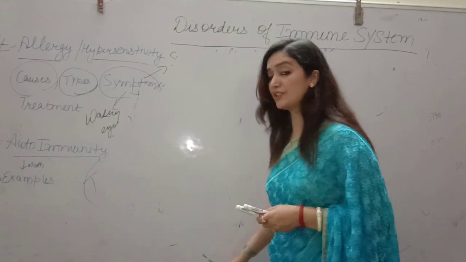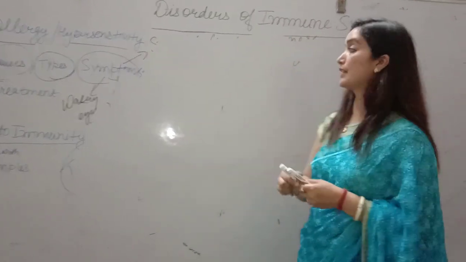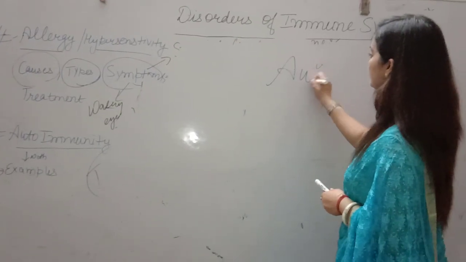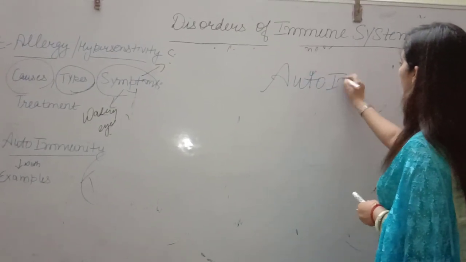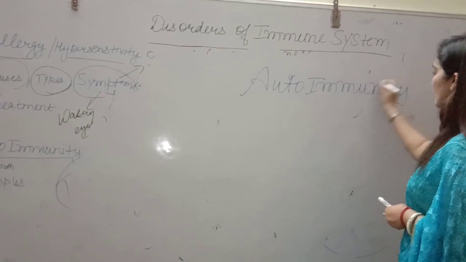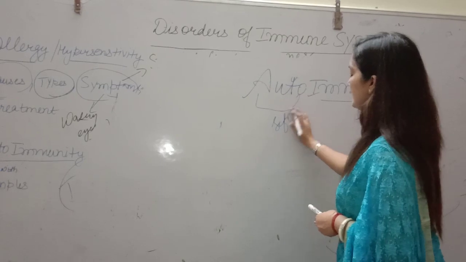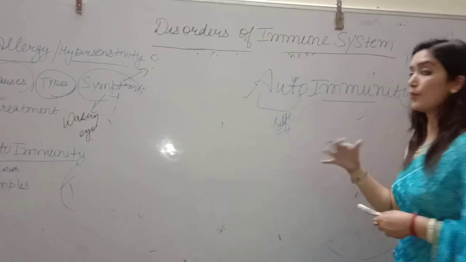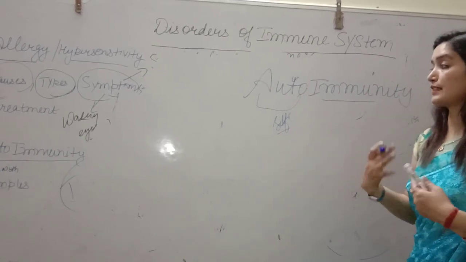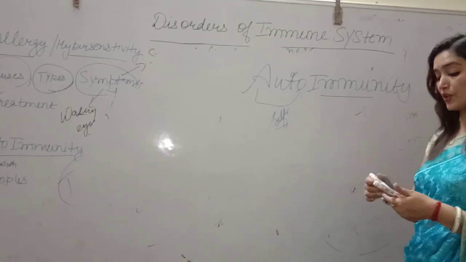In case of allergy, a hypersensitive immune response is there. In case of autoimmunity, auto means self. If the body is immune to its own cells or self, this is called autoimmunity.